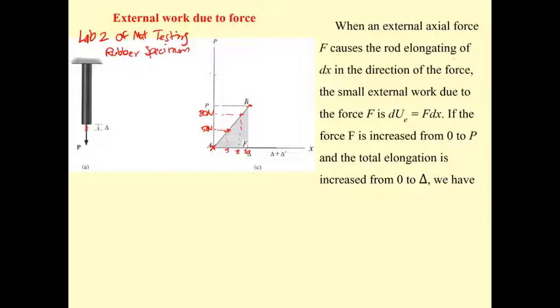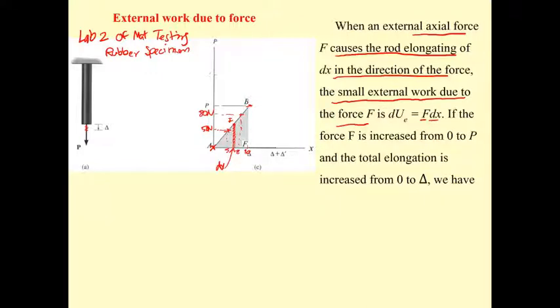When the external force causes the elongation dx in the direction of the force, we will have the small external work due to the force F. Let's say this is the force F, and it's going to cause some small elongation dx here. So the energy or the work that's produced here is going to be F times dx, which is the area inside this.